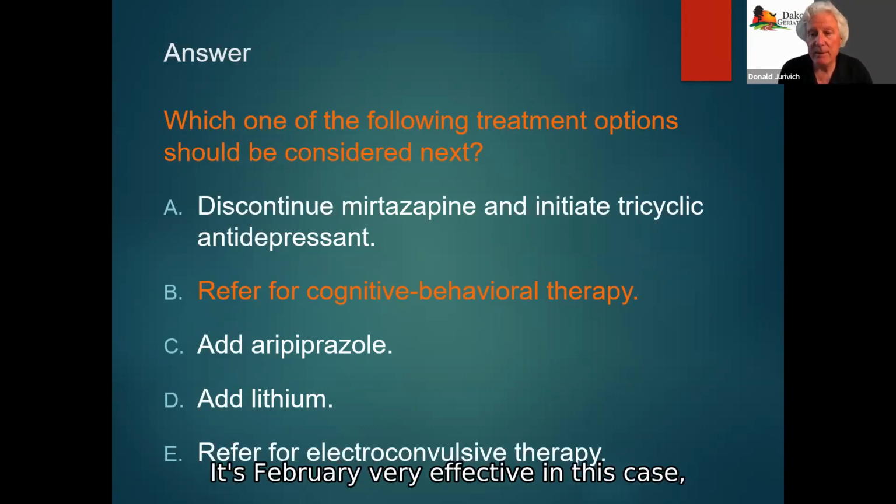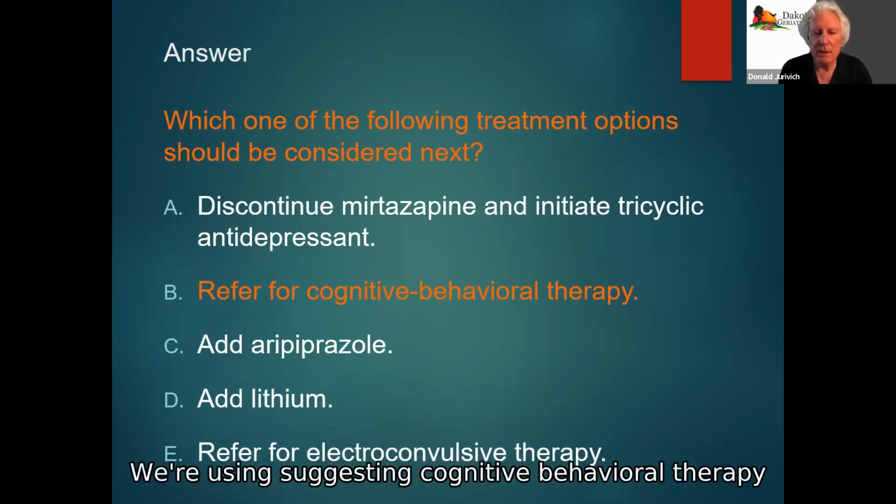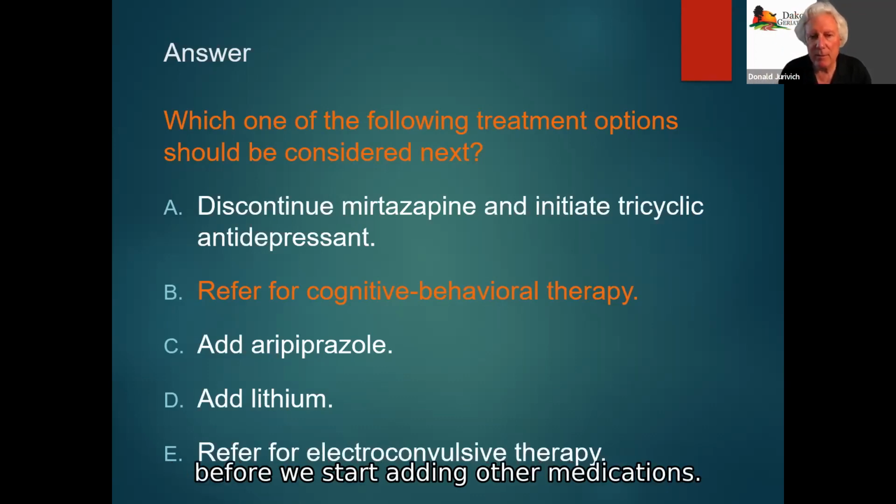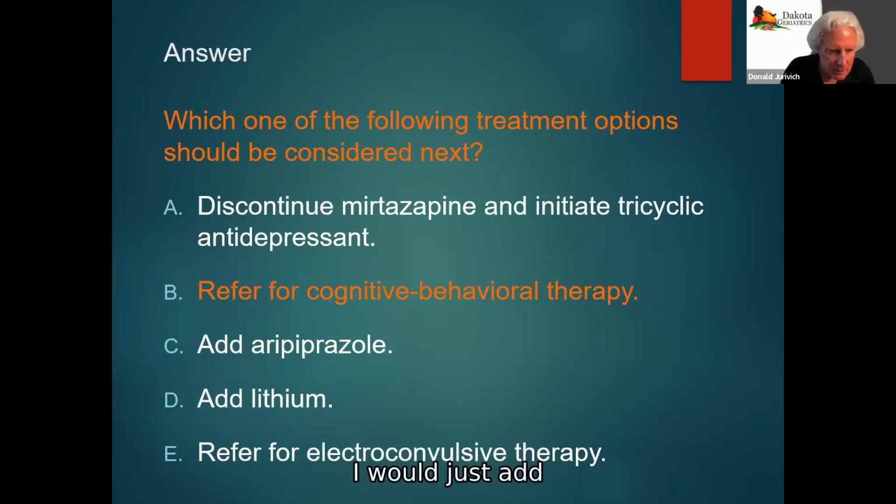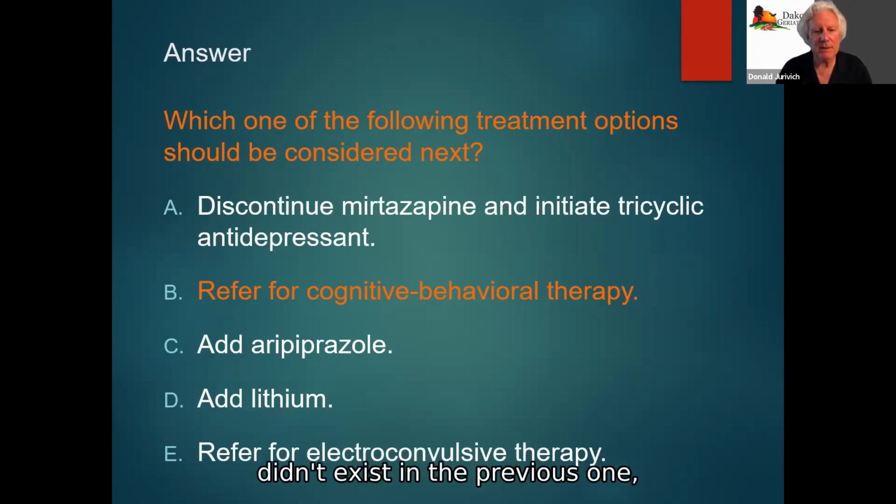It's very, very effective. In this particular case study, we're suggesting cognitive behavioral therapy before we start adding other medications, right? I had an extra answer in there that didn't exist in the previous slide, but anyways, good response. Thank you. Next slide, please.